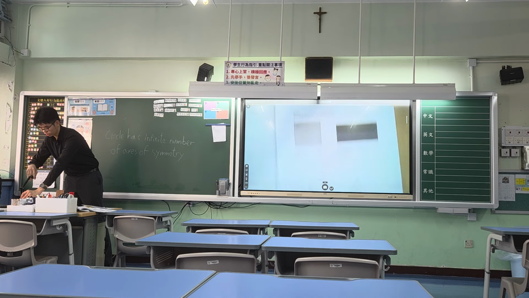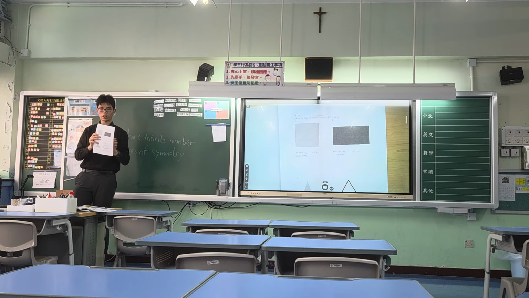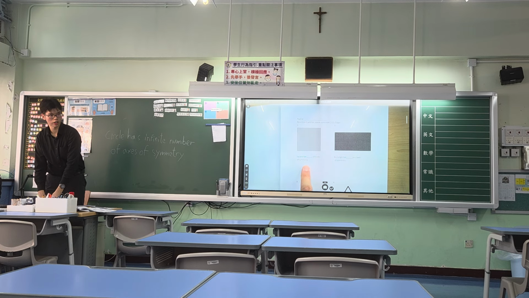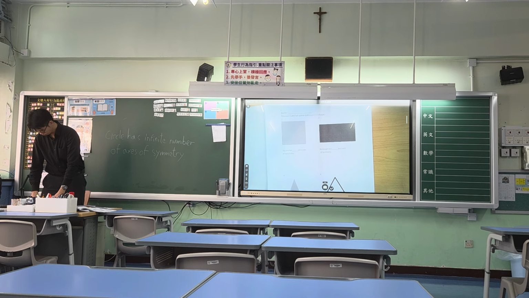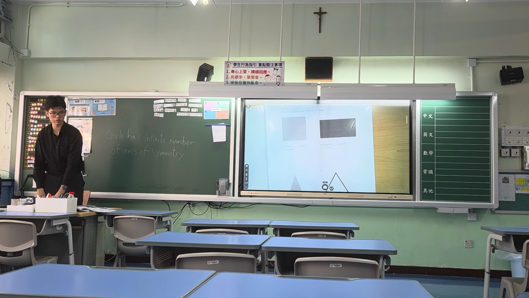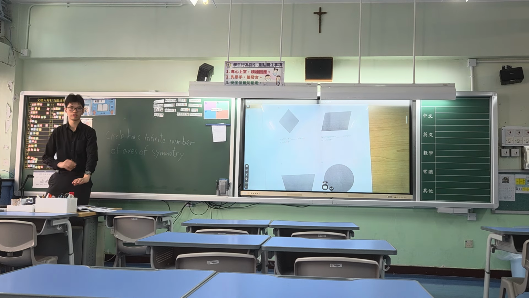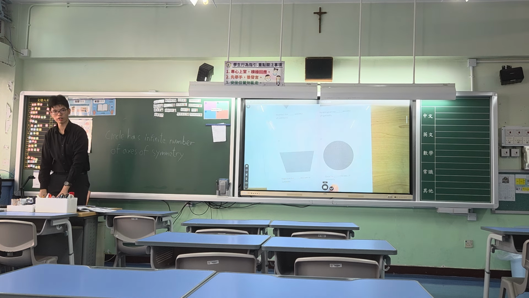Actually they are the same as today's group worksheet, but I want you to complete the revision card by yourself. This revision card is for you to tackle the coming exam. Remember, you are now able to answer the 8th question: how many axes of symmetry does a circle have?